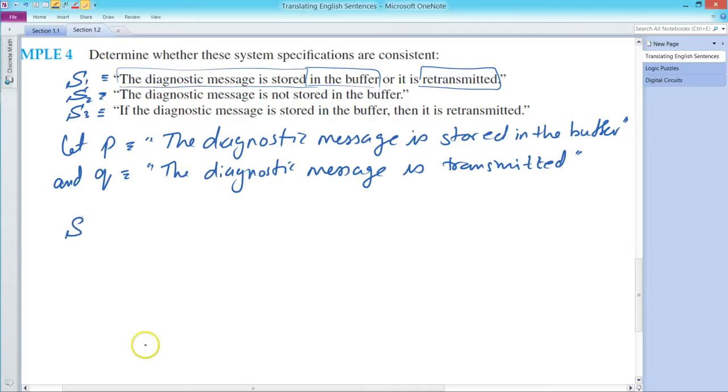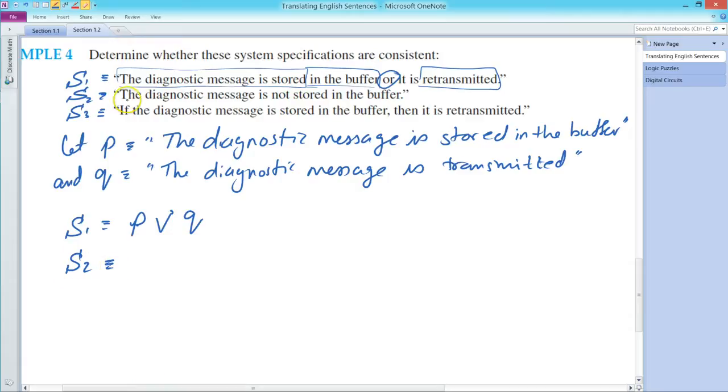Now that we know that P and Q are defined like this, S1 can easily be written as: the diagnostic message is stored in the buffer, which is P, or it is retransmitted, so we have P or Q. S1 is represented with P or Q. Let's see what S2 can be represented as.